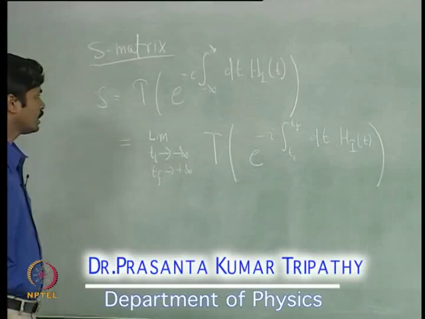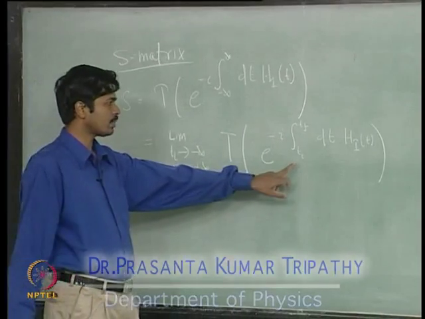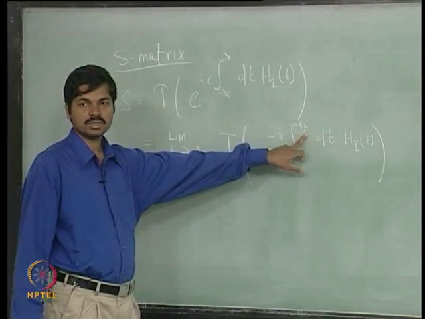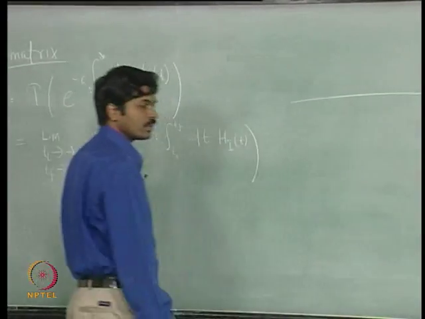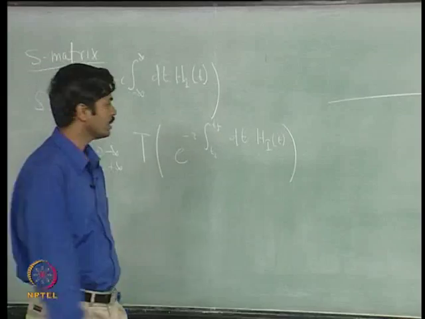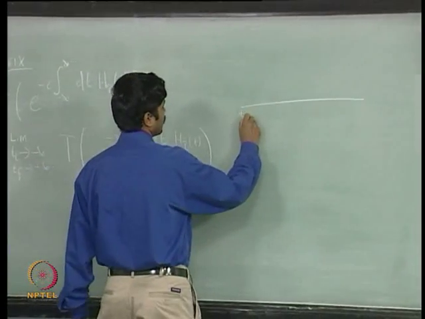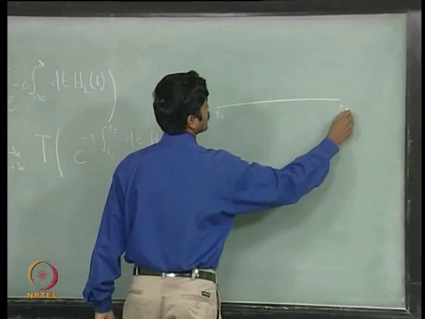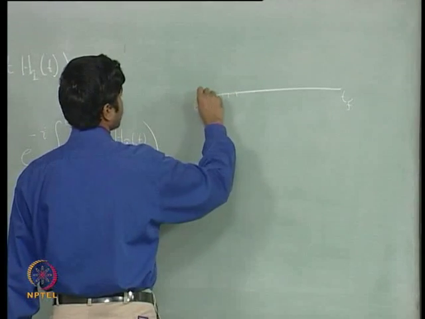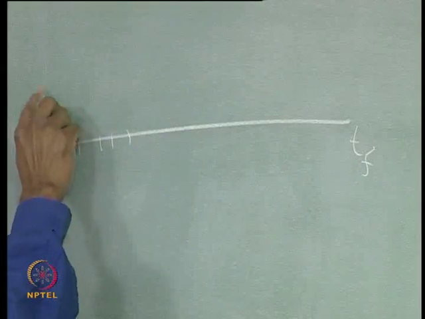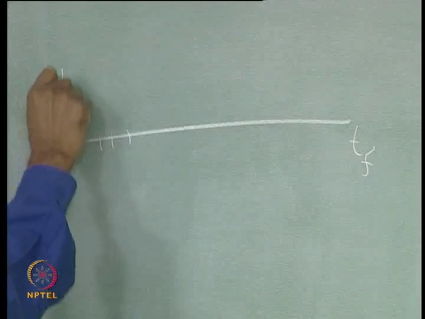Now, you take this interval T i to T f and divide it into n parts. Let us say this is T i, this is T f, you divide it into n segments, each of them with length, let us say, delta t.